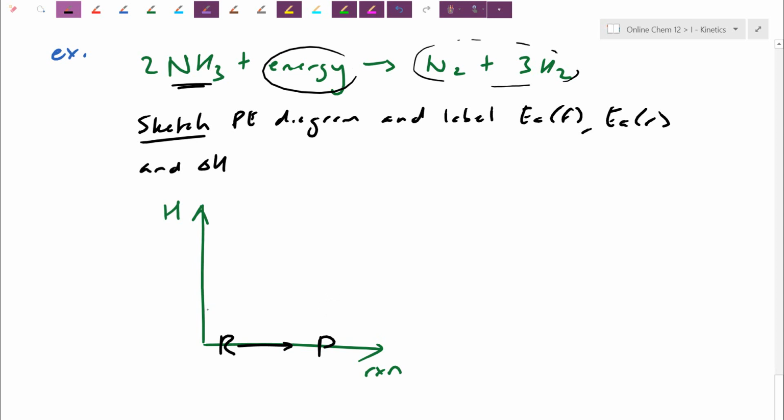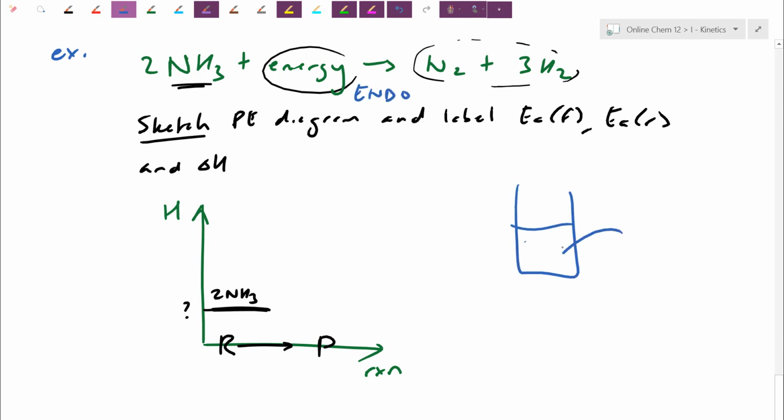I don't know exactly what energy this starts off at, but I know that by the end, with N2 and H2, this has been an endothermic reaction. This reaction has stolen heat from the outside, and therefore if I'm plotting the energy, I'm going to emphasize again, this is the system.